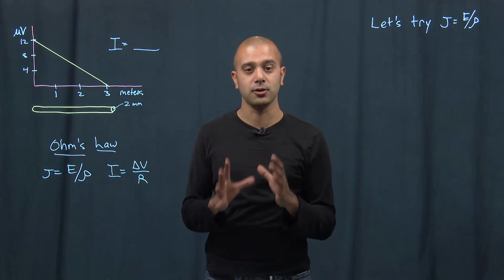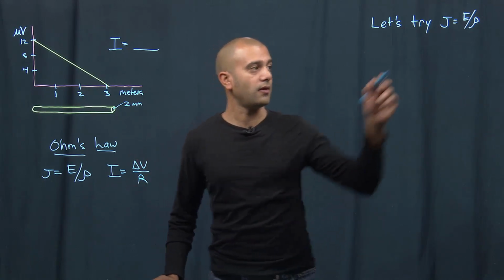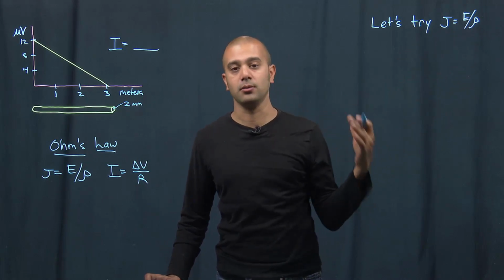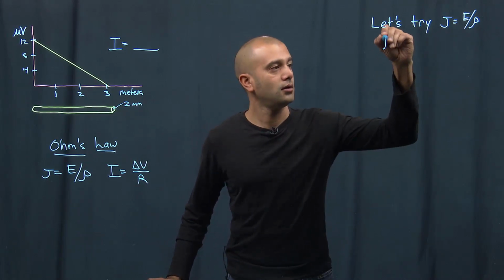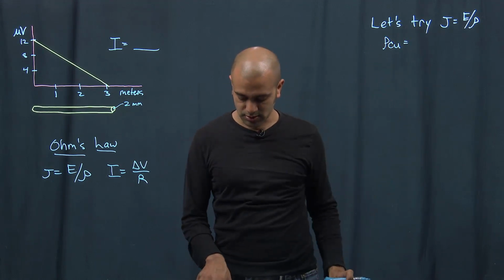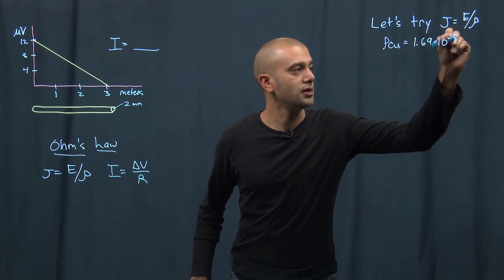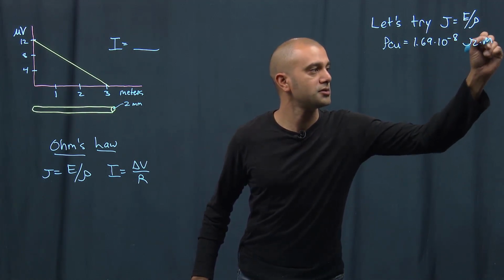It only depends on the fact that this wire is made of copper. That value will be tabulated in books and online, and the resistivity of copper is approximately 1.69 times 10 to the minus 8 ohm meters.